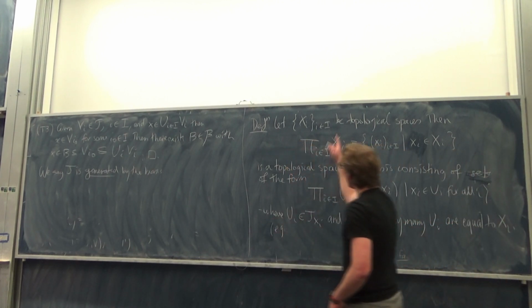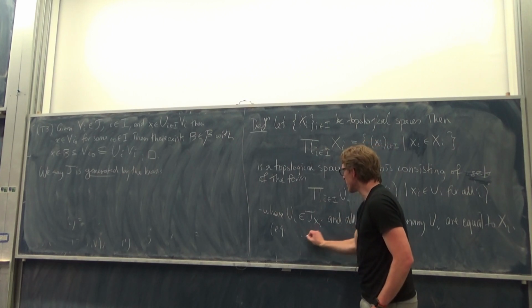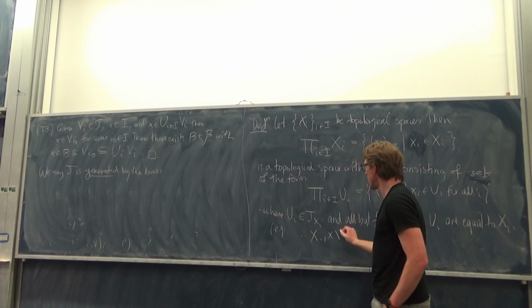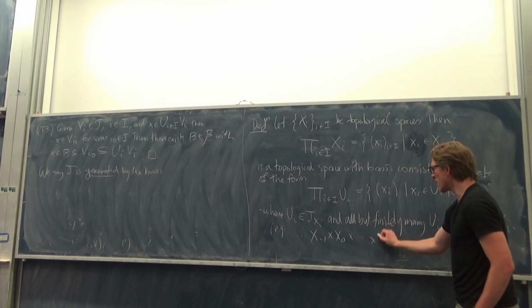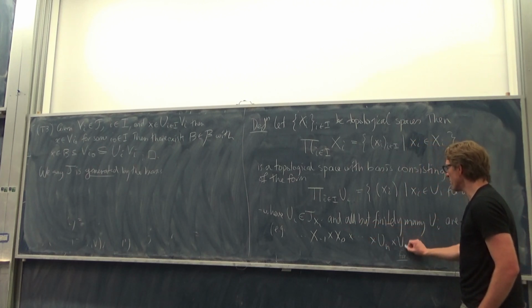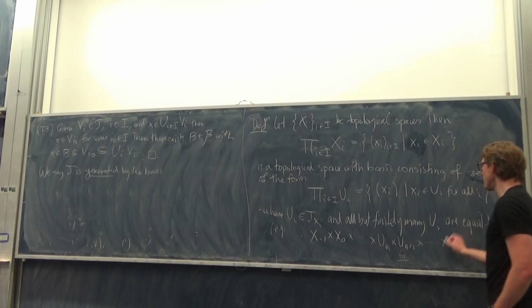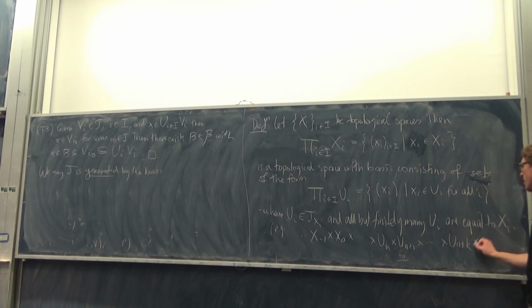So if you want to think about I as being the natural numbers, it's always the X's, and then suddenly at some integer, there's some finite range where I take something else. But outside of that, I'm just taking the Cartesian product of the whole space with everything else.